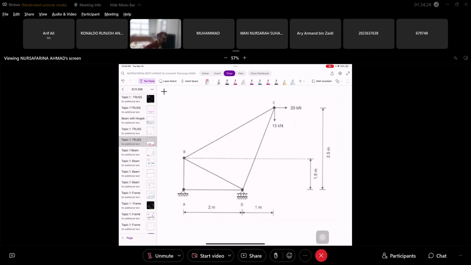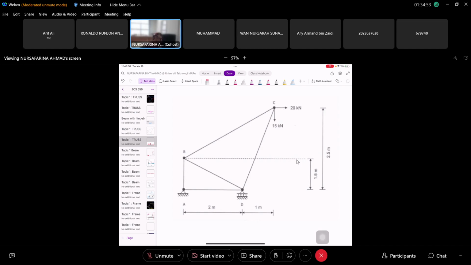Okay, so you have 3 questions. For this question, find at C. Okay, for this question, you need to find the deflection at C vertically.